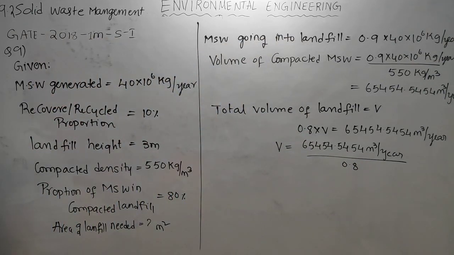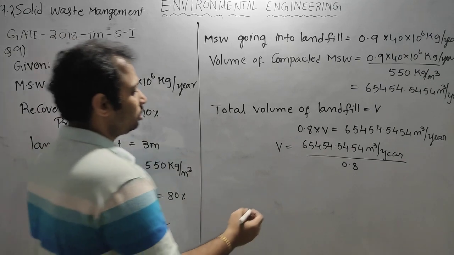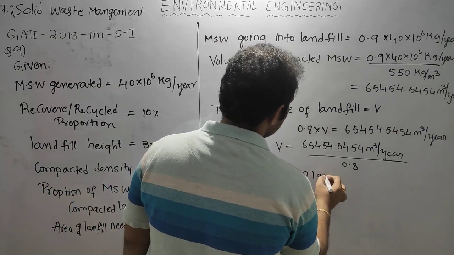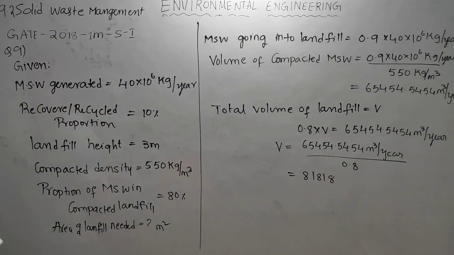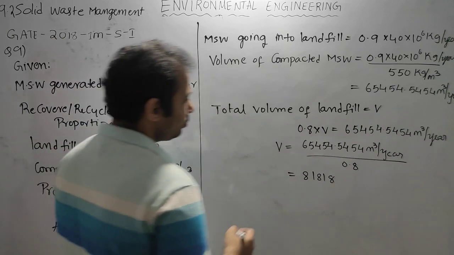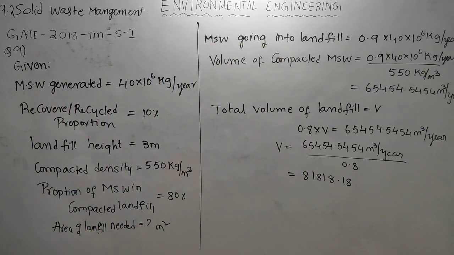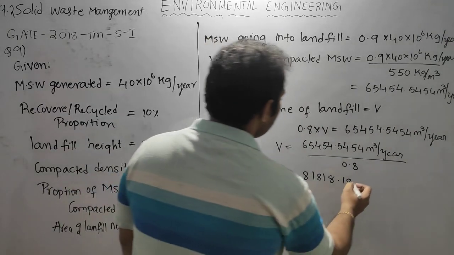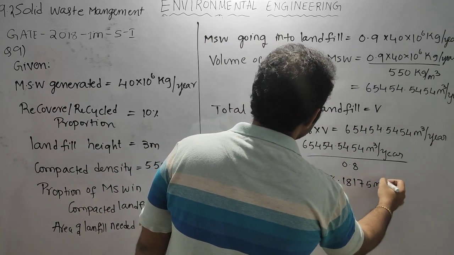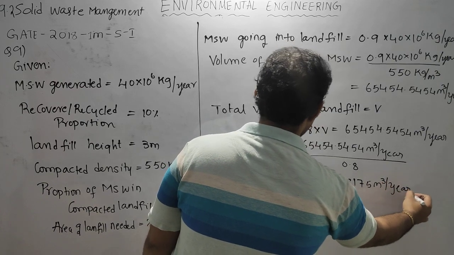So if you do this, we will get the total volume of the landfill, that is equal to 81818.18175 meter cube. So this is the total volume.